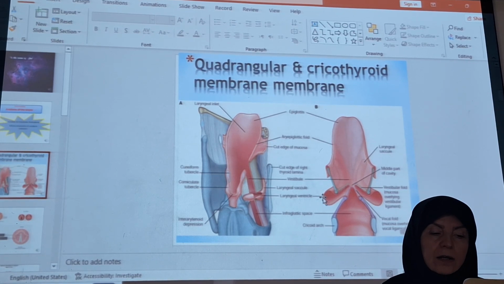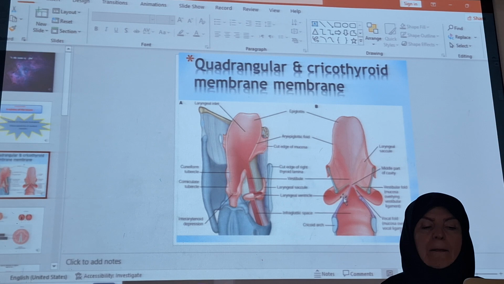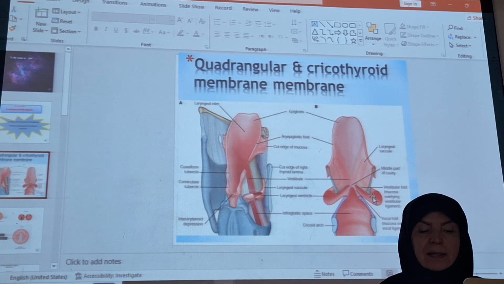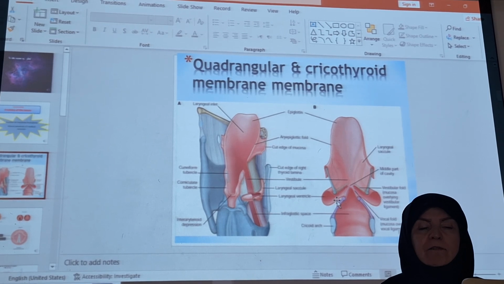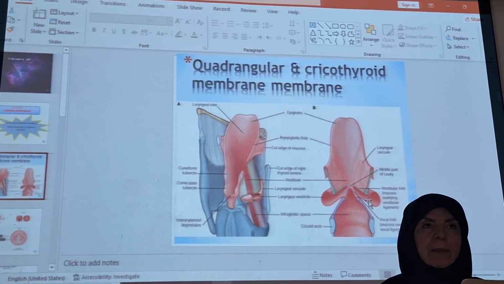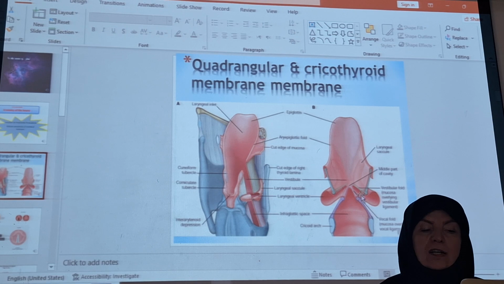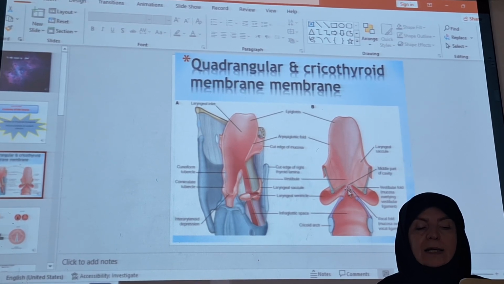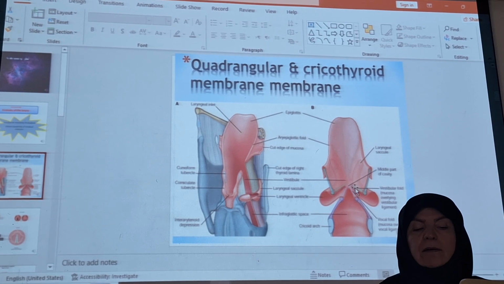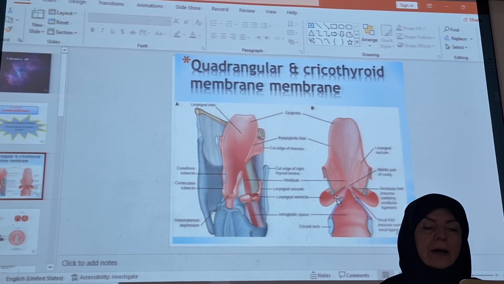This area we can call the middle chamber. Where is the middle chamber? Between the false vocal ligament and the true vocal ligament. This small area we can call the middle chamber.